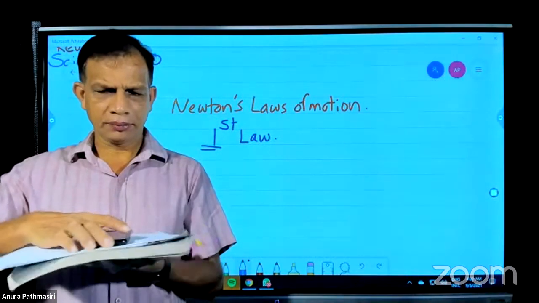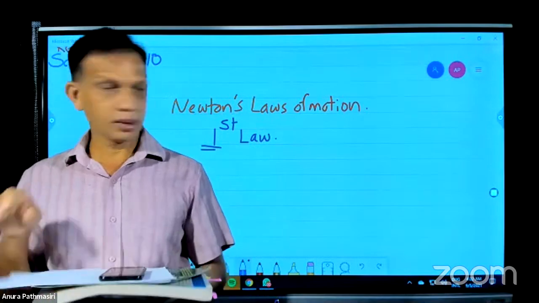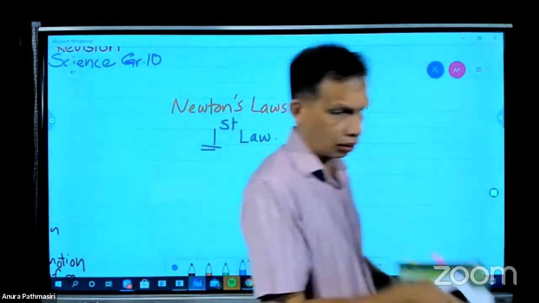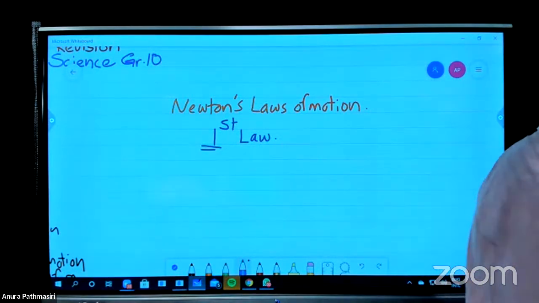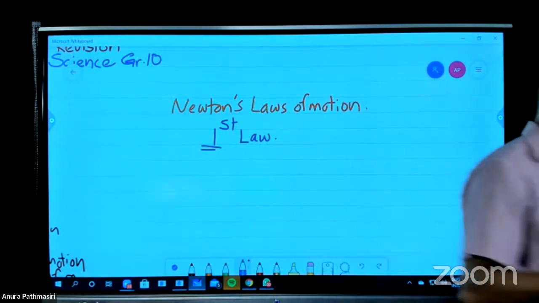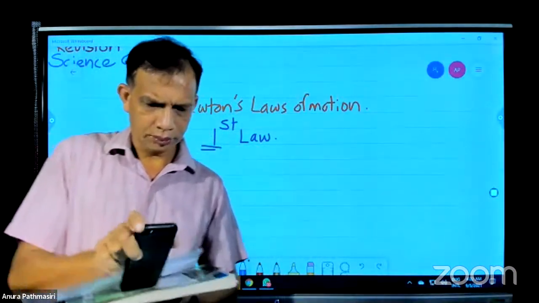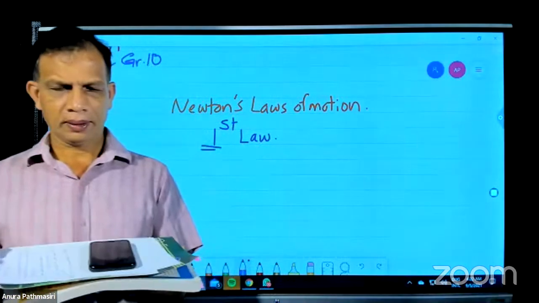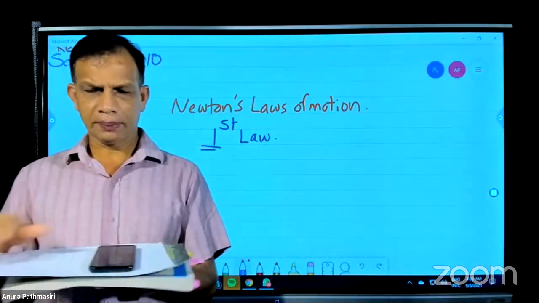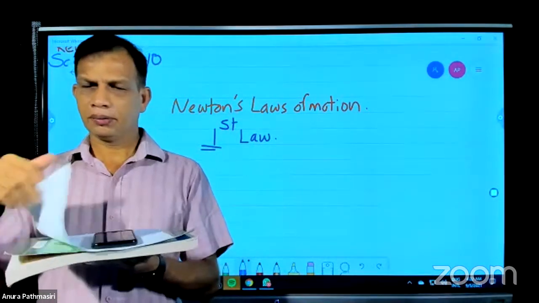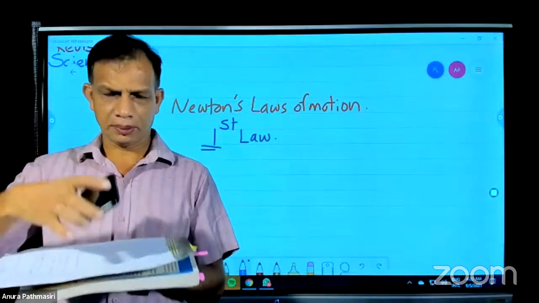And I have a sheet of paper. I'm going to have my phone and the book and then the sheet of paper. I don't know what will happen if I pull this paper and the phone is there.